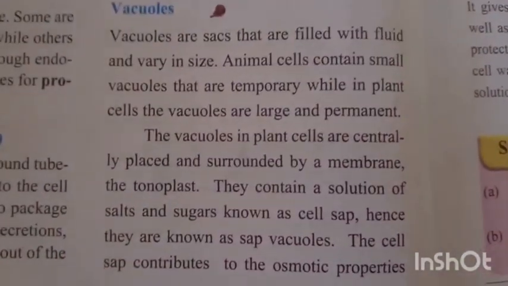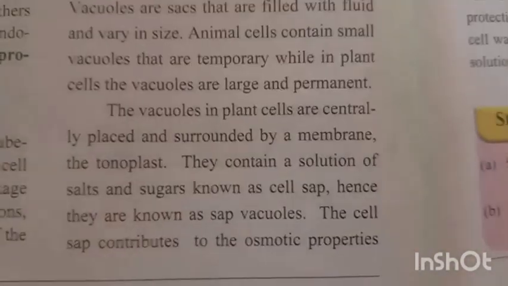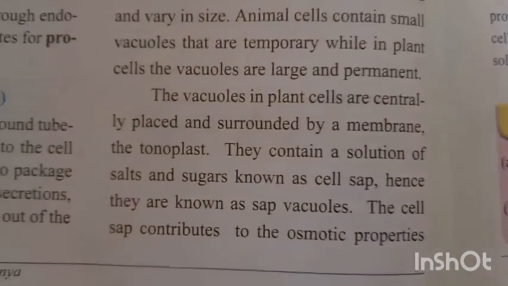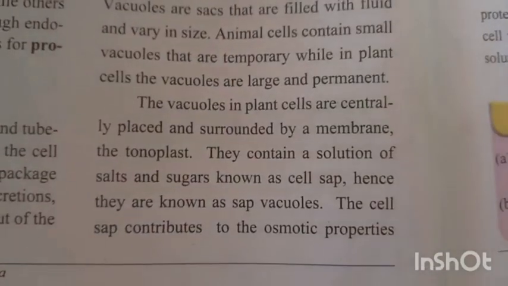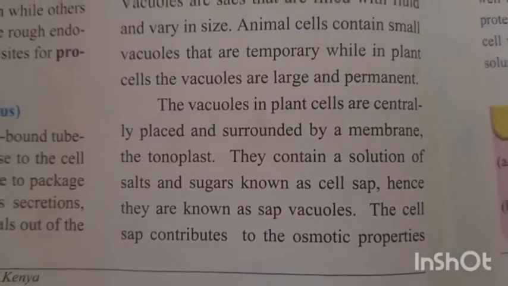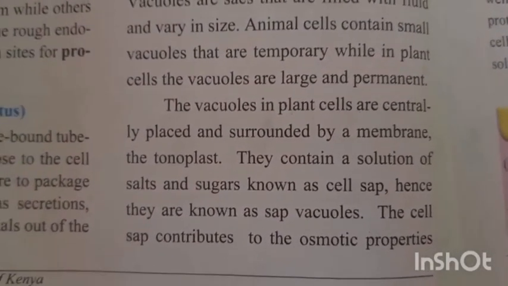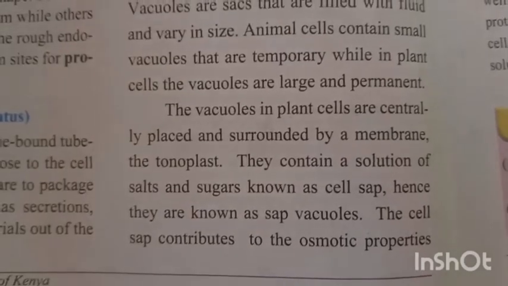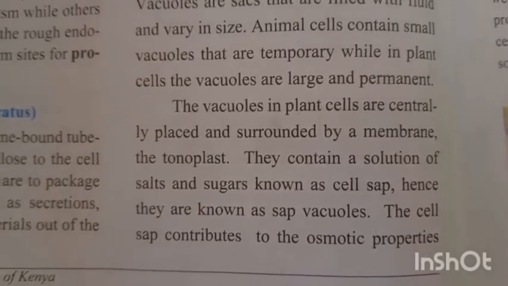So vacuoles are used to store substances. For example, the vacuole in a plant cell contains salts and sugars, that is the cell sap, and it helps to maintain the cell turgidity and to make the cell firm.